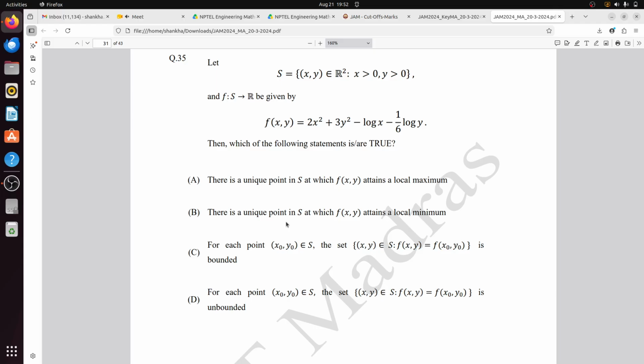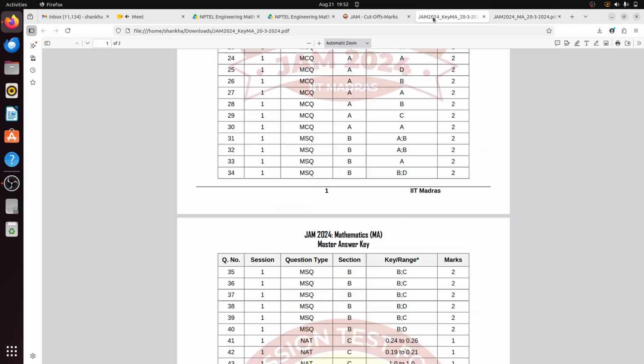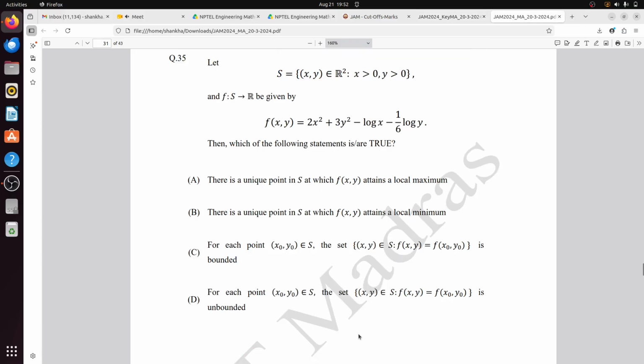Local maximum will not occur; the answer is local minimum, options B and C. There is a unique point in S where f(x,y) attains a local minimum.